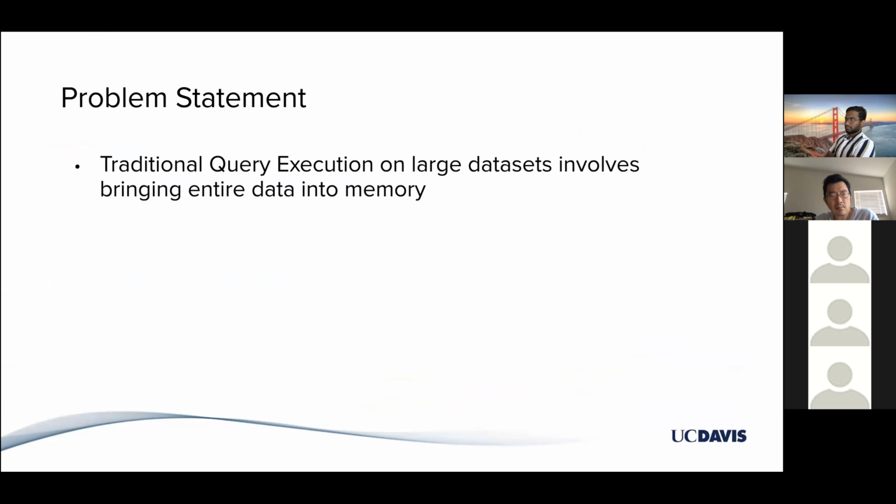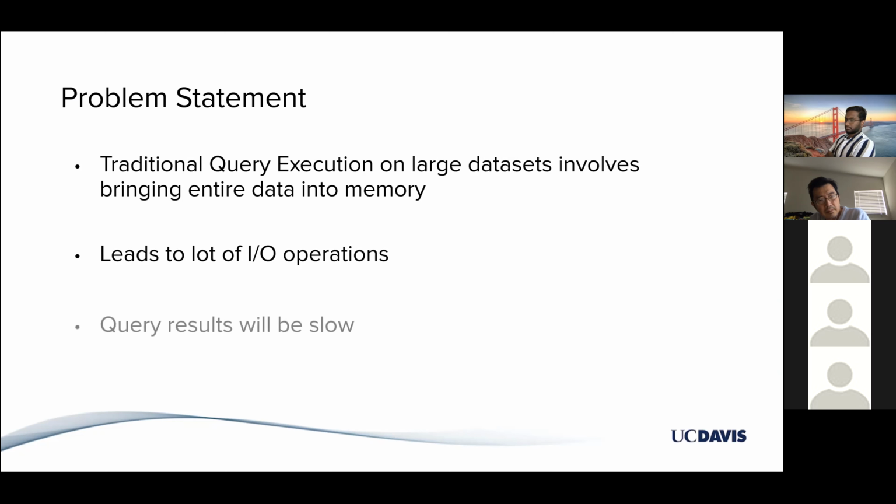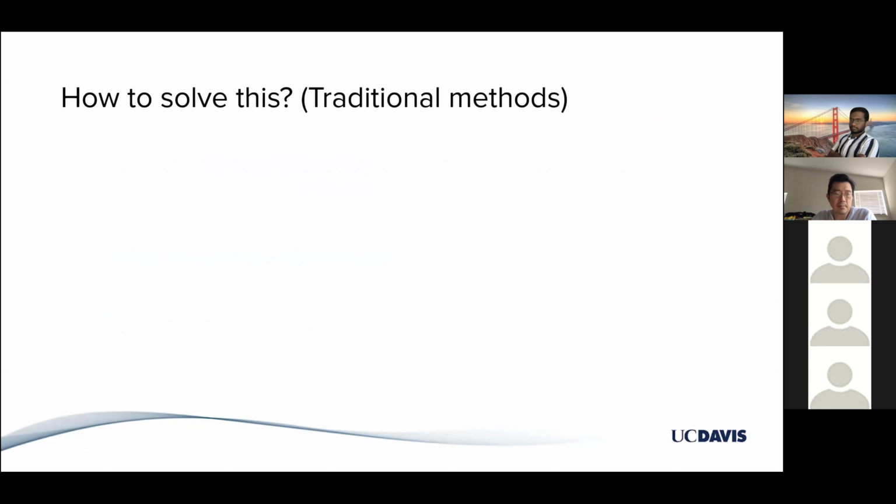So let me tell you the problem statement. When there is a large data set and a huge number of queries executing on it, traditional query execution will bring the entire data into memory, which is less optimal because it leads to a lot of IO operations and the results are slow.